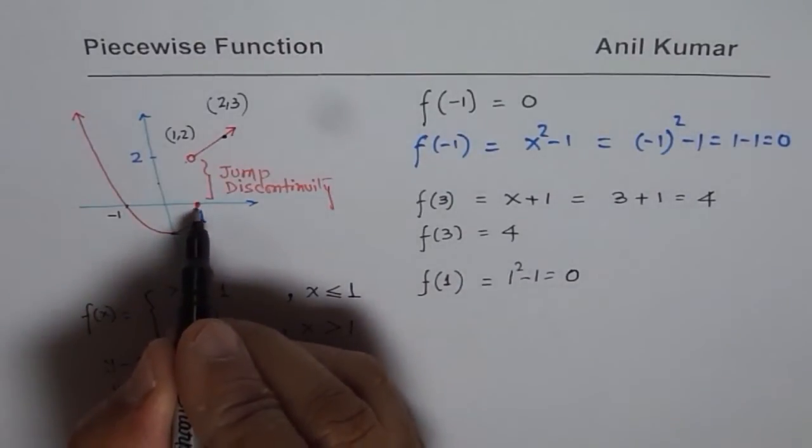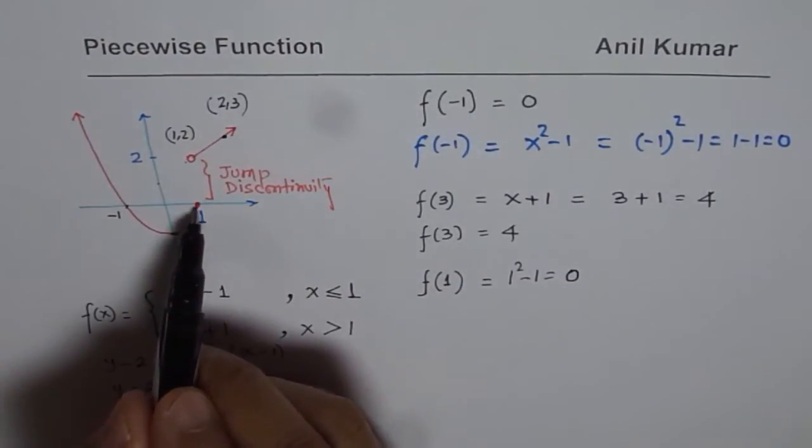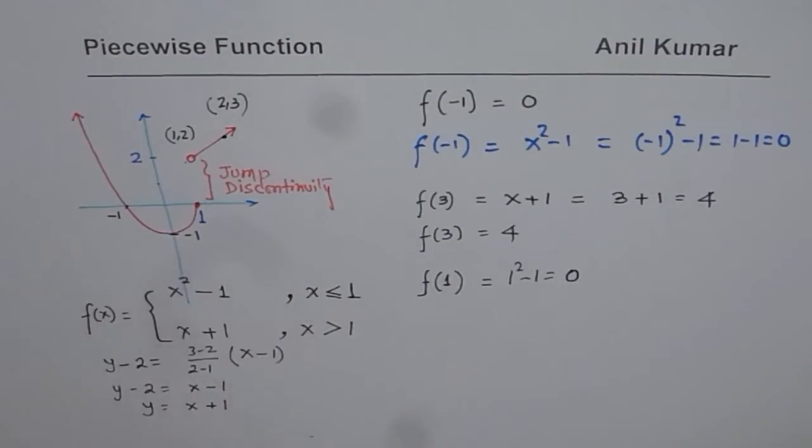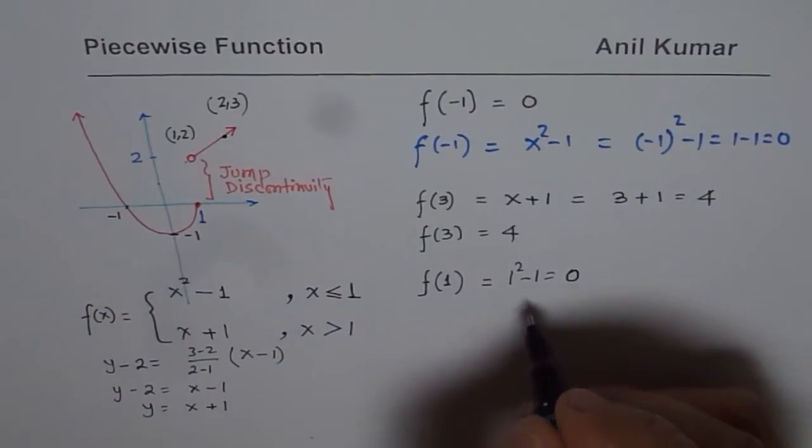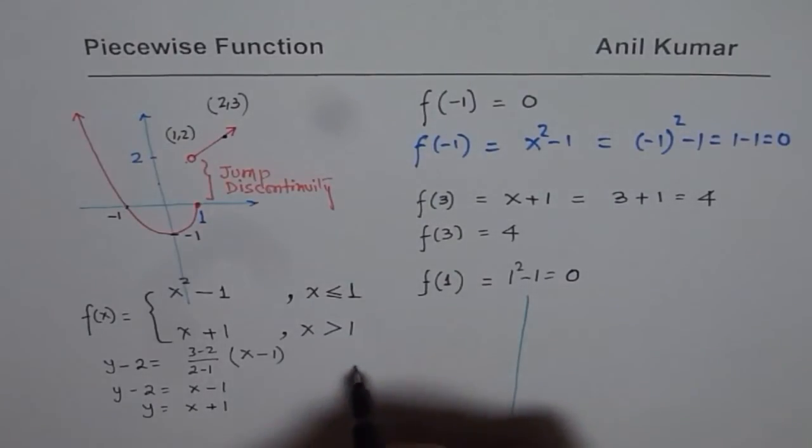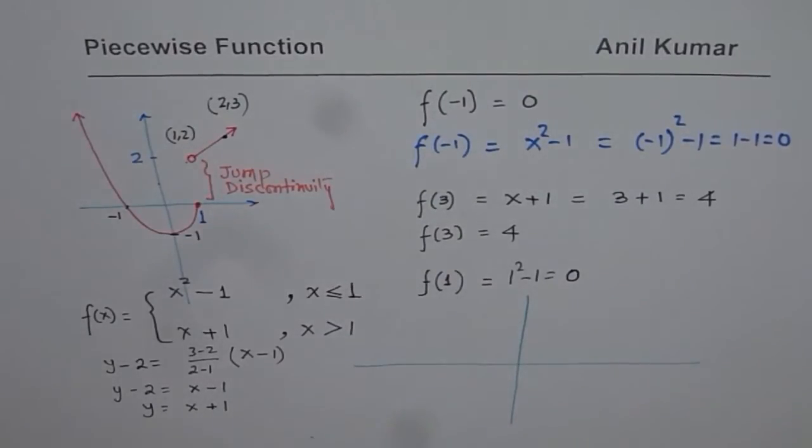And from the graph also, the filled in hole is at the x-intercept. So the value of the function at 1 is indeed 0. I hope that helps you to understand what basically a piecewise function is and how can we find value of the function at different points.